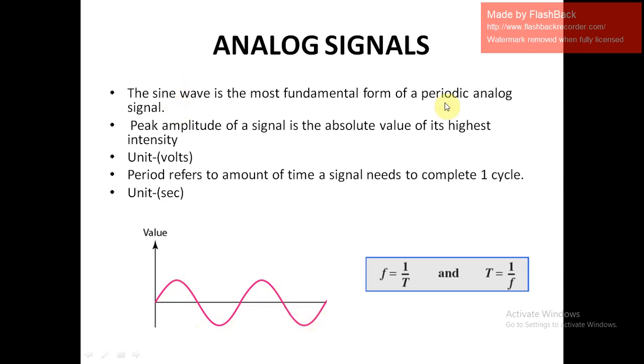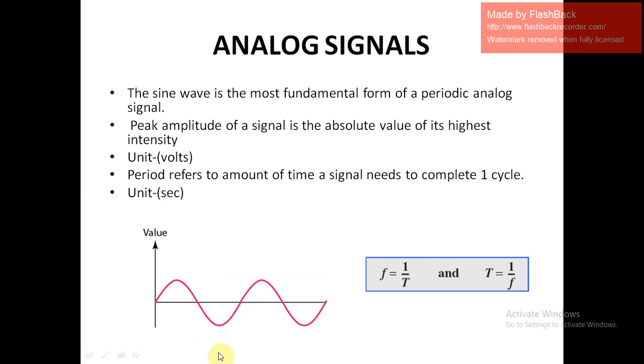For any kind of periodic signal, or rather any kind of signal, there are two parameters to check this signal. Number one is the amplitude of the signal. Another is the time period of the signal. The unit of the amplitude is generally volt, and the unit of time period is second. Now we can also calculate the frequency of the signal by calculating 1 upon T, that is the inverse of the time period.